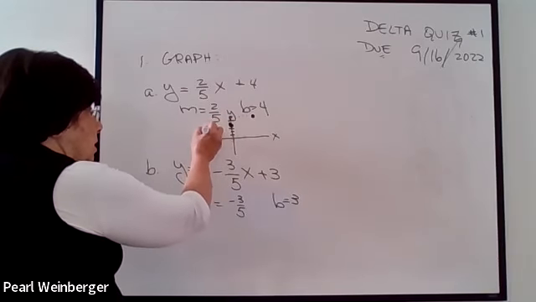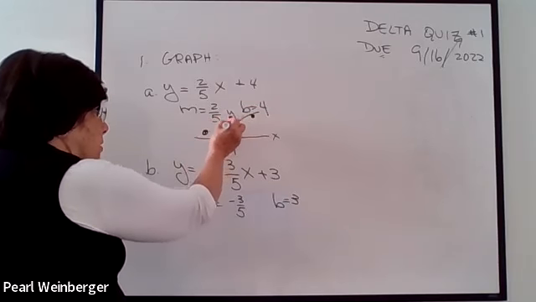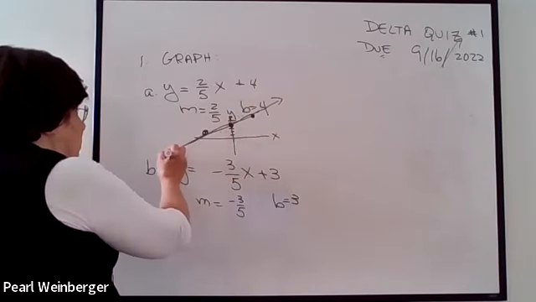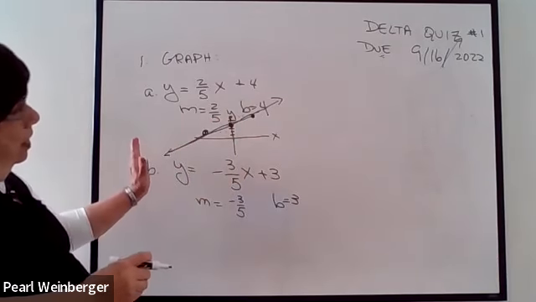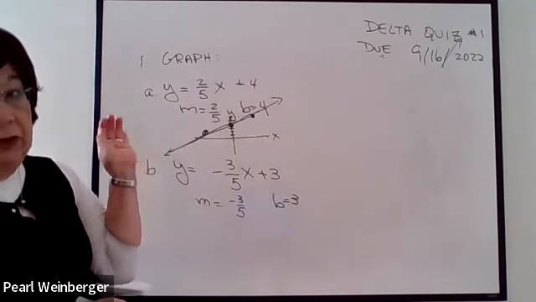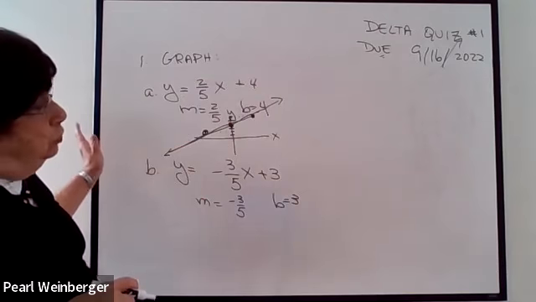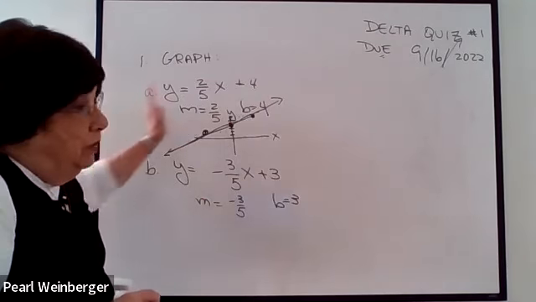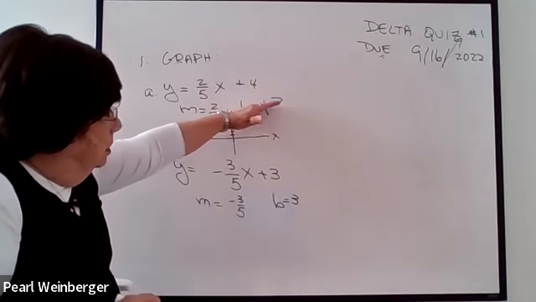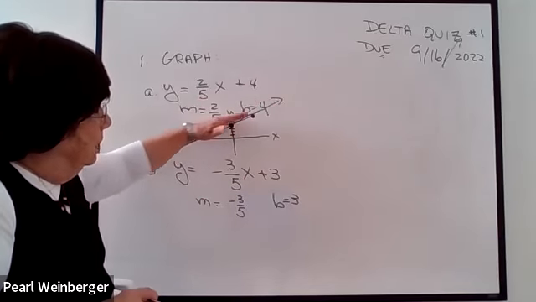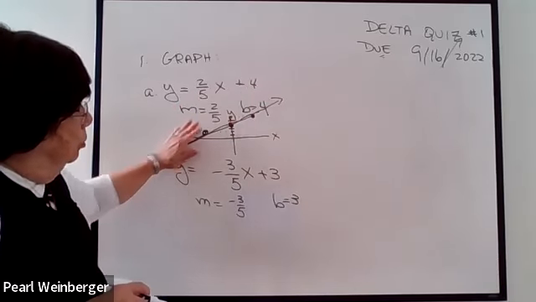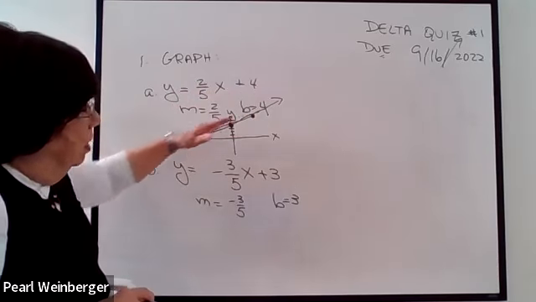And we get a line that looks like this. Now, if you look at this line, as you go along the line from left to right, remember we've always, even on our number line, talked about starting on the left and moving to the right. If you go along this line from left to right, what's happening? You're going up. This is a rising line.